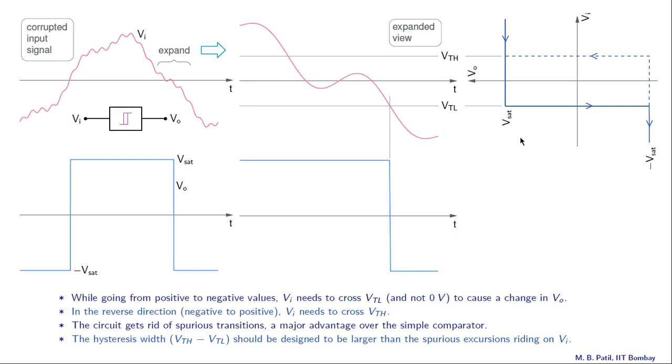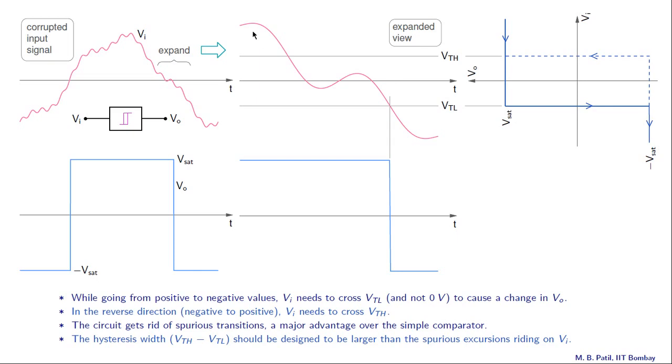So here is our VO versus Vi relationship for the Schmitt trigger, and it looks a little different because our Vi axis is now drawn vertically, but it's the same as what we have seen earlier. This is VTH, this is VTL, this is the high VO level, Vsat, and this is the low VO level, minus Vsat.